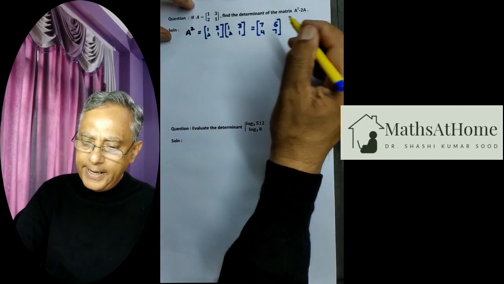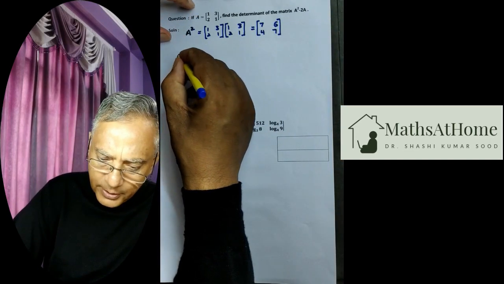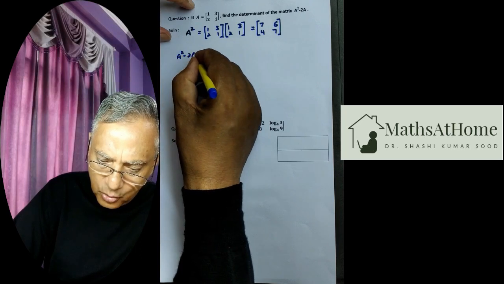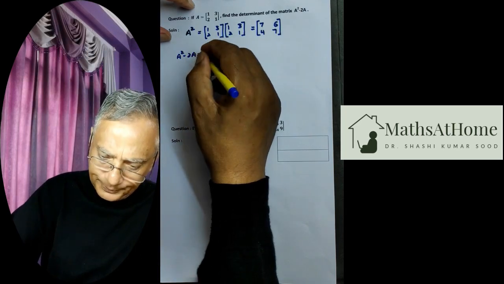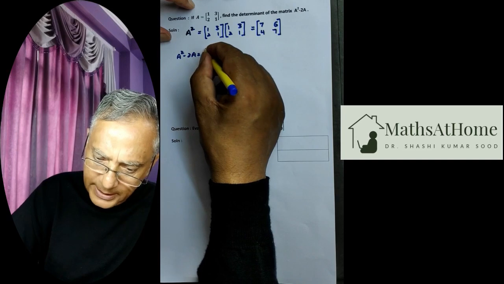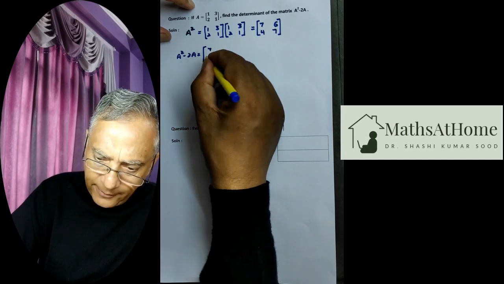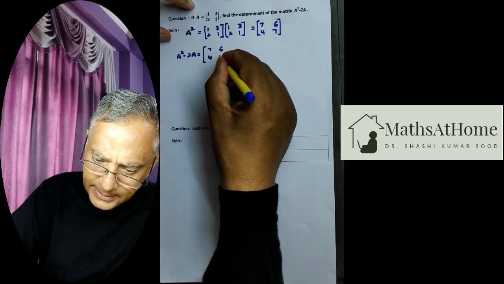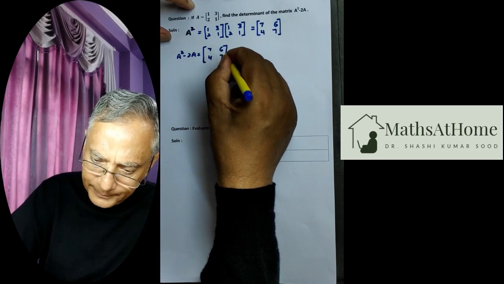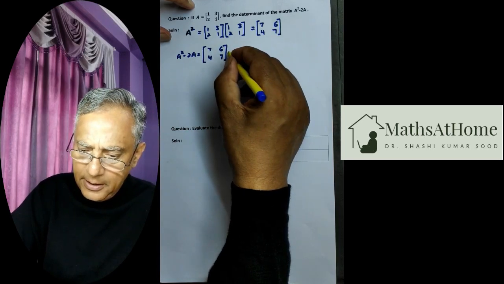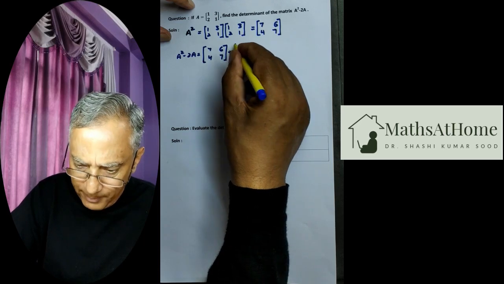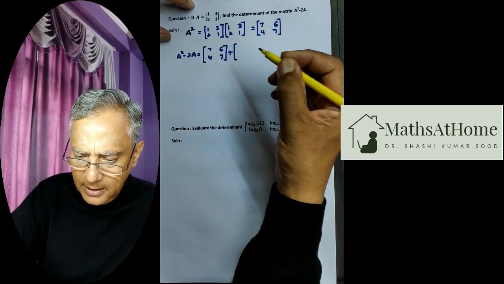Next is to find A square minus 2A. So A square minus 2A is equal to, now A square is 7, 4, 6, 7 minus 2A. So we prefer plus sign outside.